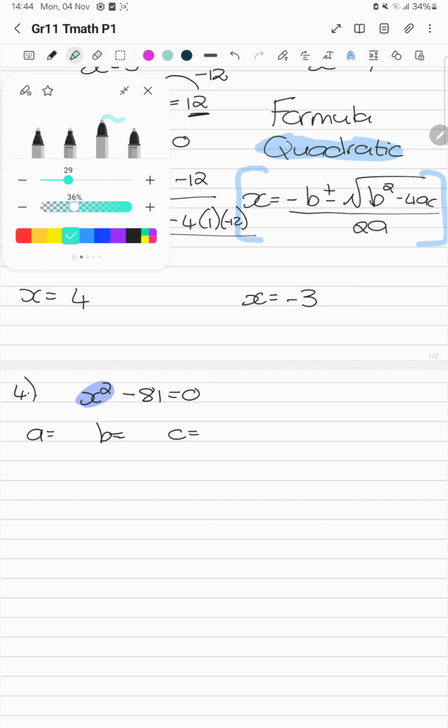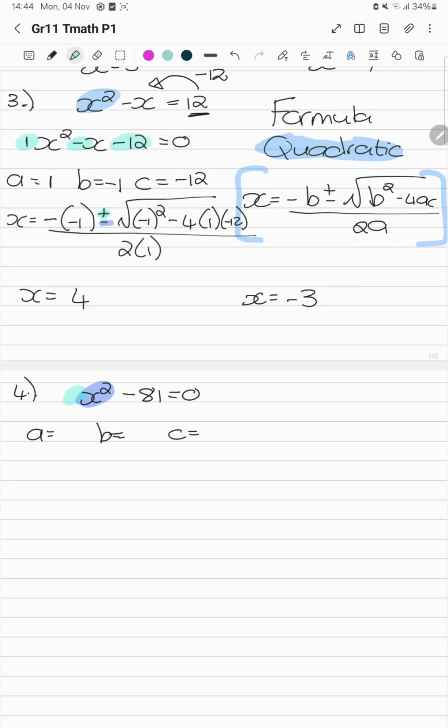I start with my a value. What is in front of my x squared? There's nothing, so there's an imaginary 1. What is my b going to be? Remember, b is what is in front of x. Is there an x somewhere here? No. So my b value is just going to be 0. And lastly, my c is going to be negative 81.